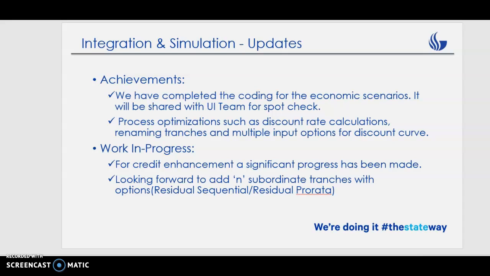Whereas in the last meeting we raised a question, and we got a reply that the model needs to have multiple subordinate tranches, and that too with an option of sequential and pro rata. So we have termed it residual sequential or residual pro rata.